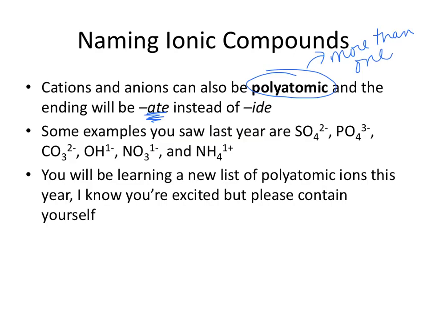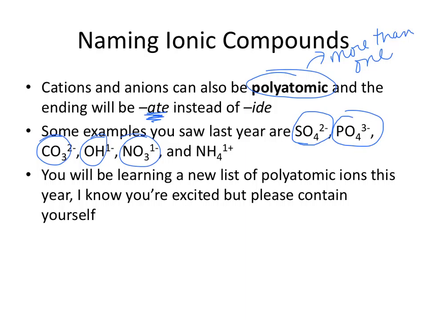Some examples that you saw in your last year course of physical science were SO4, PO4, CO3, OH, and NO3. I hope you somewhat remember what the names of some of them are. SO4, the way I like to think of it, starts with sulfur, it becomes sulfate. PO4 is phosphorus, so that one is named phosphate. CO3 starts with carbon, so it's carbonate.